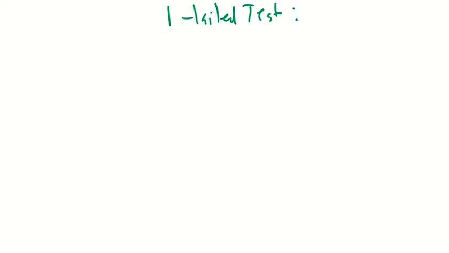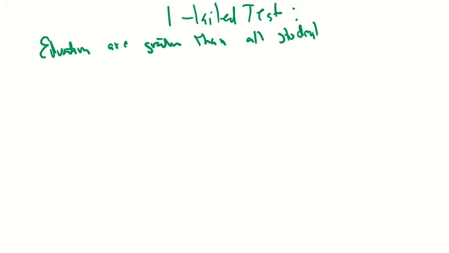But let's say that instead of the question reading was there a difference between the education majors and the rest of the students, let's ask the question, if the education majors' GPAs are greater than everyone else's, than all the students. All right? So we know instantly that this is a one-tailed test because of greater.